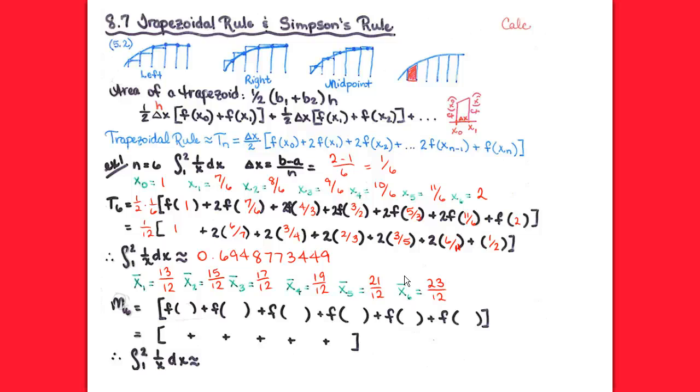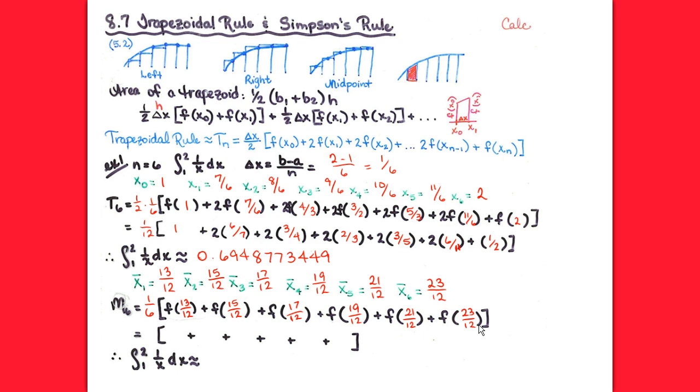So again, just for review of our midpoint rule, it is going to be the change in x, which is 1/6. And then we're going to go through and plug each of the midpoint values into the function. It doesn't get multiplied by anything like that.